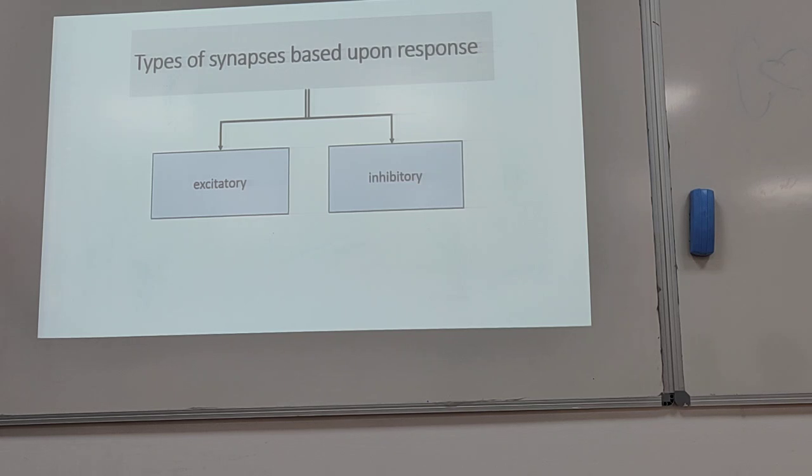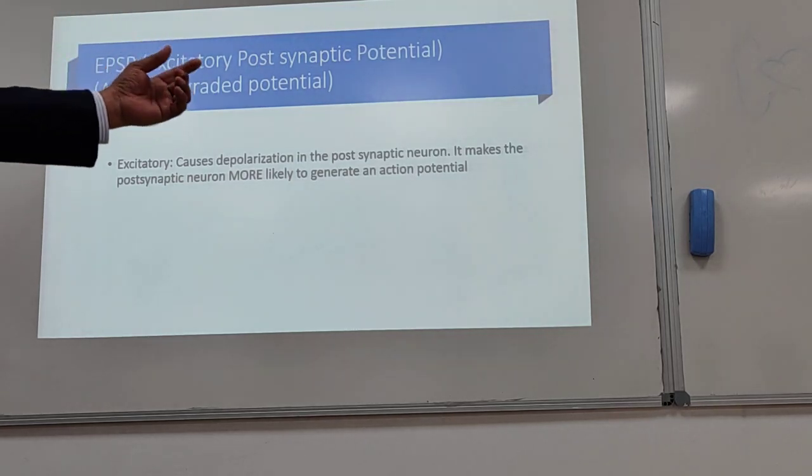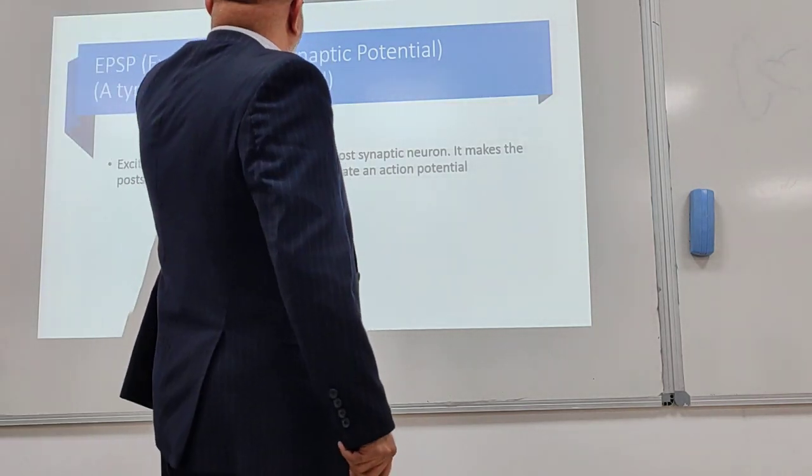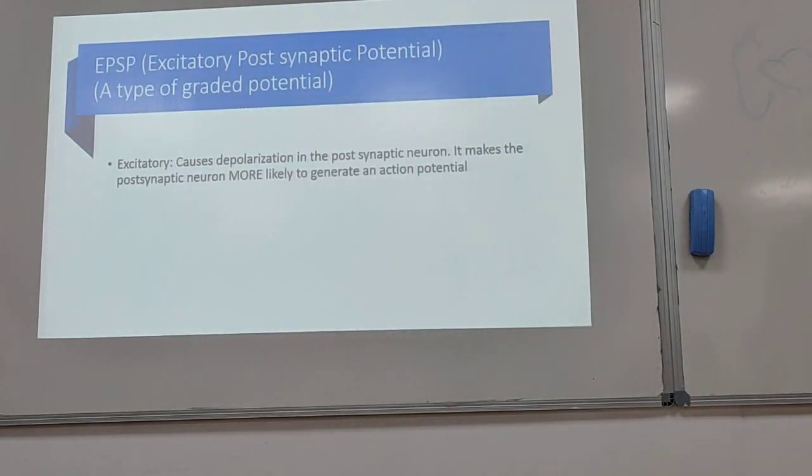Now we will not waste much time, we will just discuss this process in a very simple way. If a synapse is excitatory, the first neuron will make a potential in the second neuron, which is called excitatory postsynaptic potential.